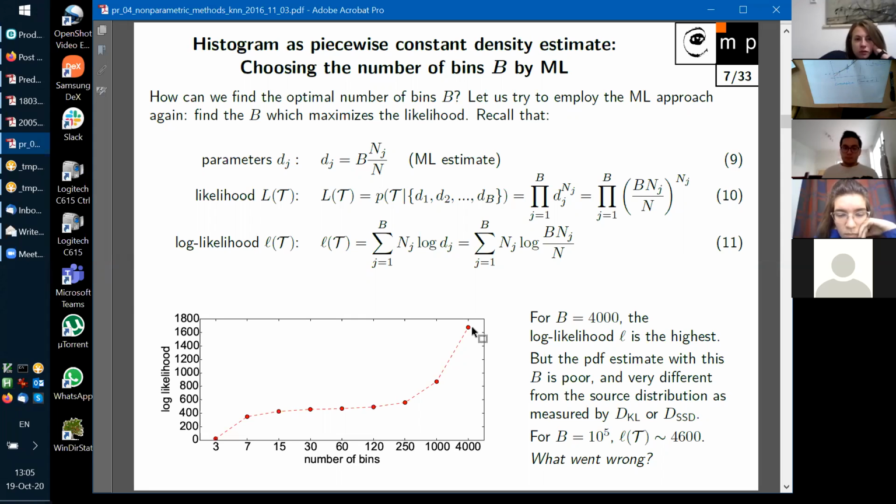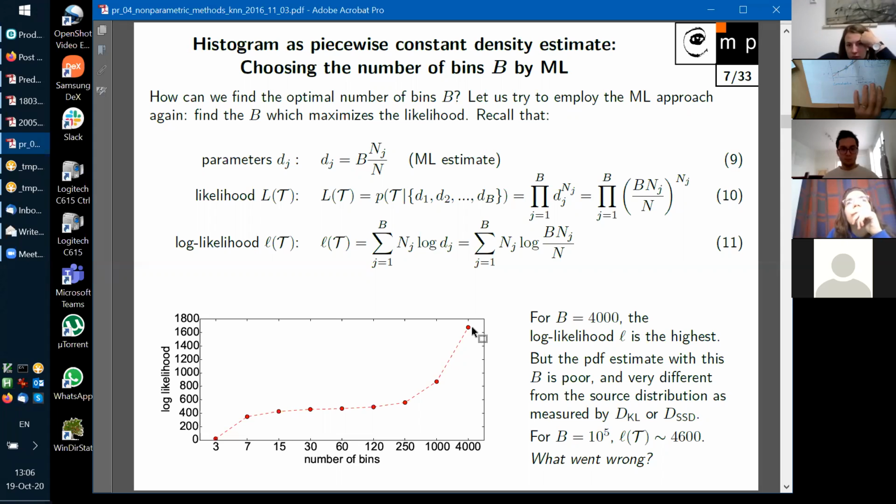So for the bins, we'll hide 1 point of those 1,000, use the 999 remaining ones for estimating the parameters of the histogram, and then we'll check what is the likelihood of the remaining point that was not taking part in the estimation.